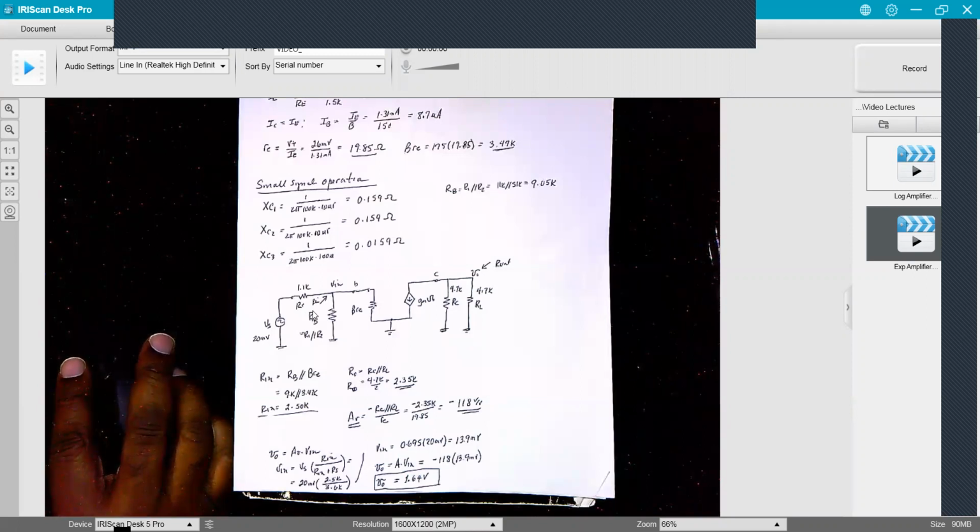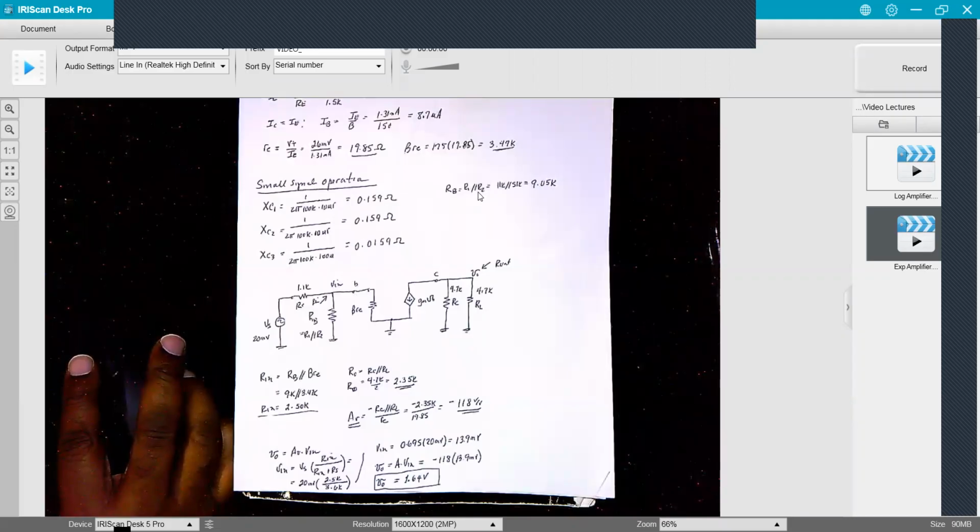Rn would be the resistance looking into this node, which would be this resistance in parallel with this resistance. So here, Rn is RB in parallel with beta times RE. I think I calculated this. Here we go. RB is R1 in parallel with R2, which was about 9K, in parallel with 3.4K for beta RE, which was here.